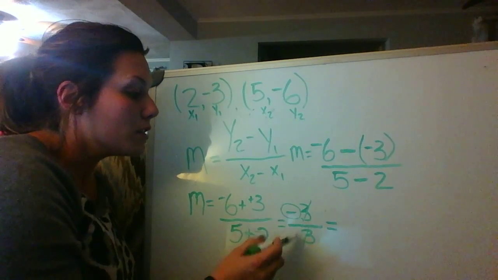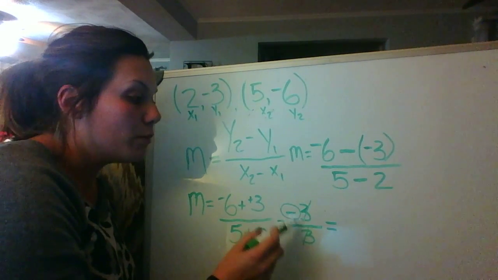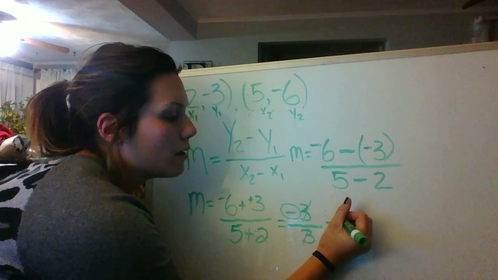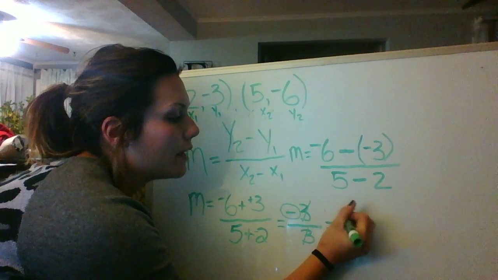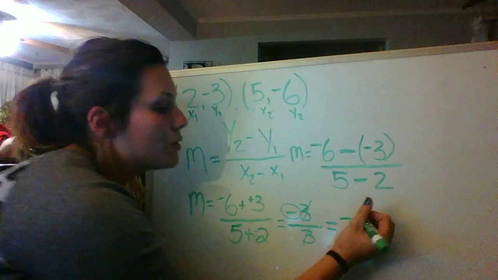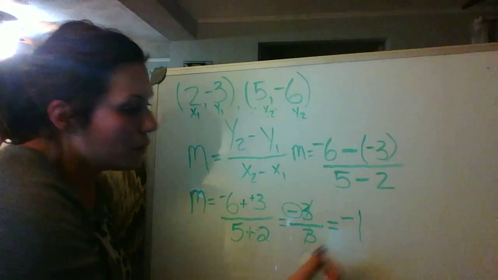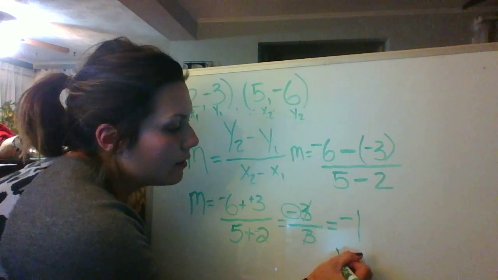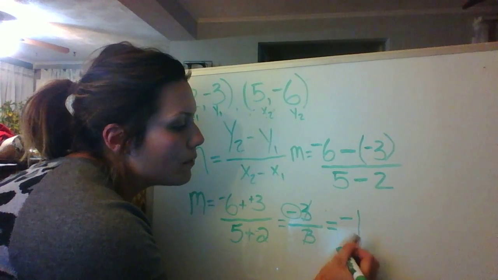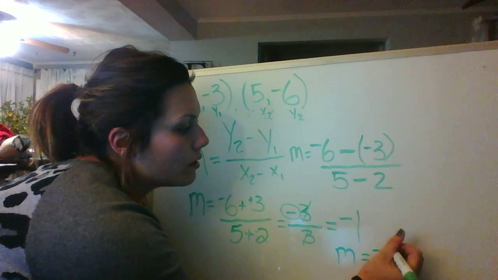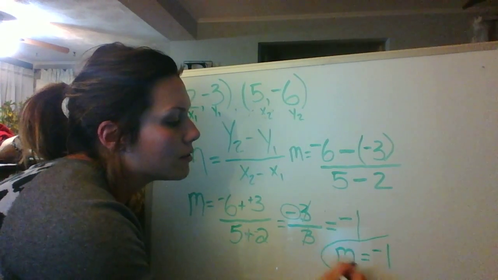So since we have one subtraction bar, one negative bar, I know that my answer is going to be negative. So my answer is going to reduce down to -1. And I'm going to rewrite that as m, which is my slope, equals -1. And this is my answer.